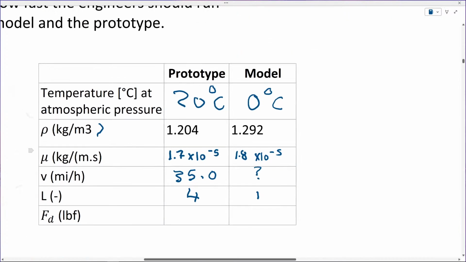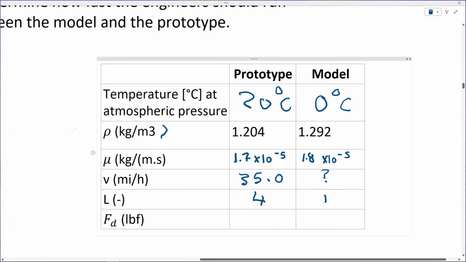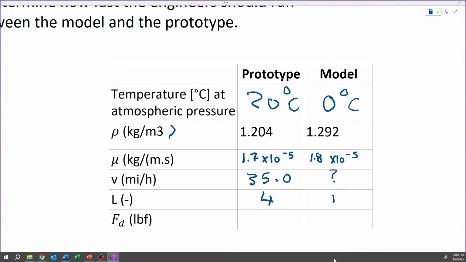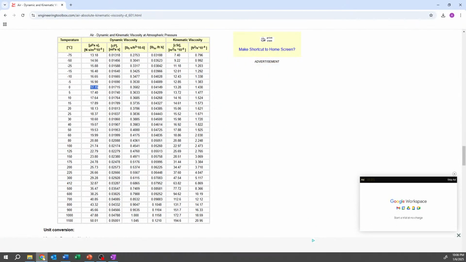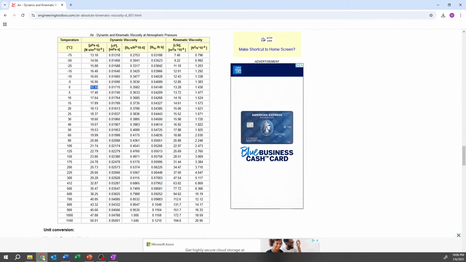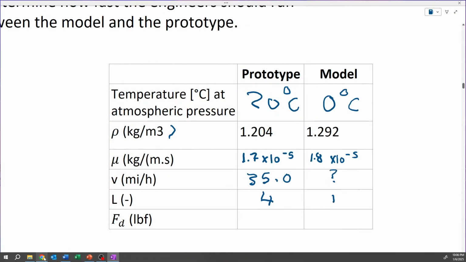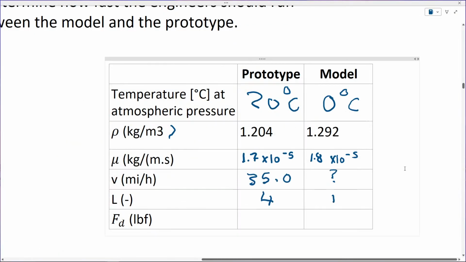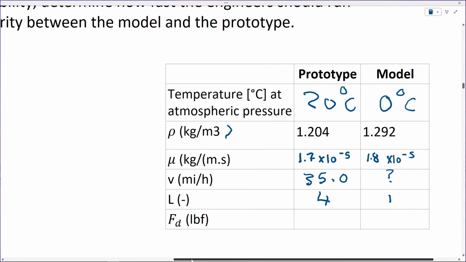So hopefully I got this correct. So at 0 that's 1.7, and at 20 that's 1.8. Yeah. And again, it doesn't matter because they will cancel out.